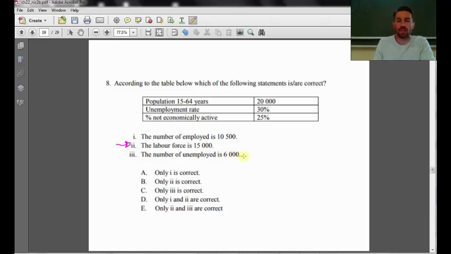No, what is it? Sorry, 4,500. Okay, so what is the number of employed then? Are we happy with that then? Okay, any issues? Do you all agree with those answers?